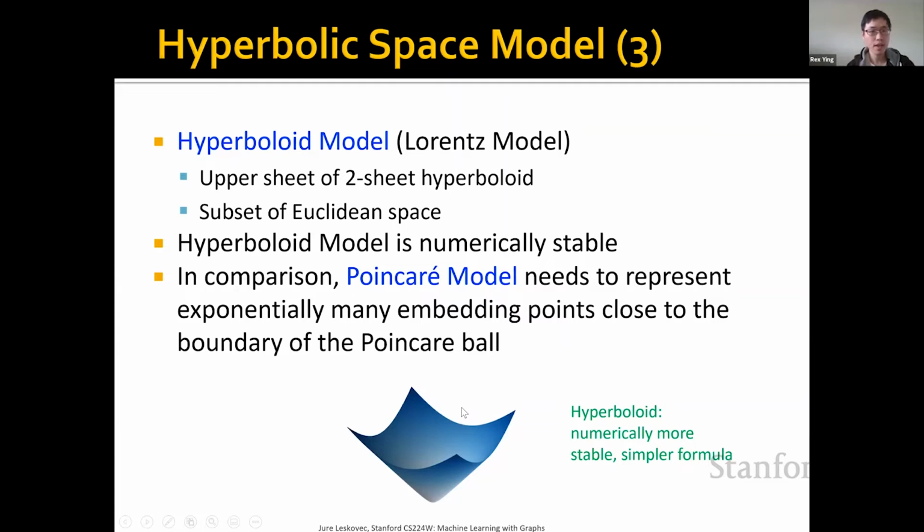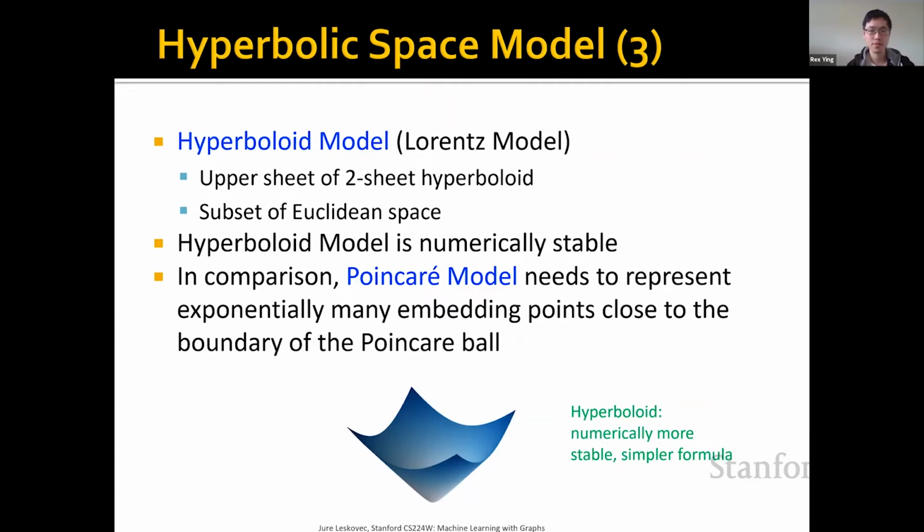Unlike the Poincare model, where there are exponentially many triangles towards the edge of the ball, the hyperboloid model is numerically more stable, meaning that you don't need extremely high machine precision to represent all these small triangles towards the edge of the Poincare ball.